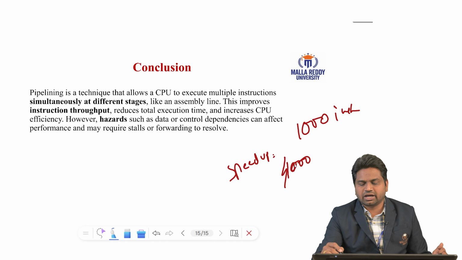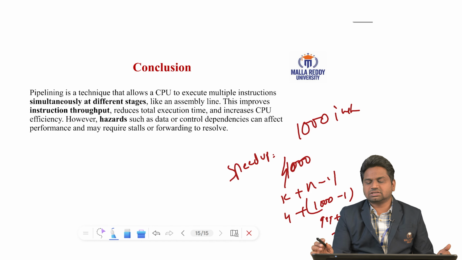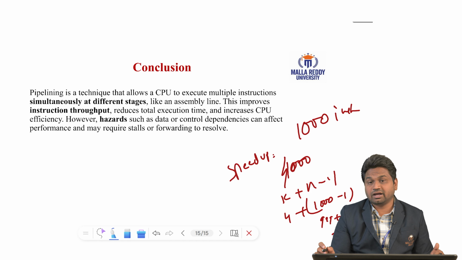But in pipelining, we use k plus n minus 1, so 4 plus 1000 minus 1, which is 999 plus 4, almost 1003 cycles. So we complete in only 1003 cycles. How much faster is it? Almost 4 times faster.